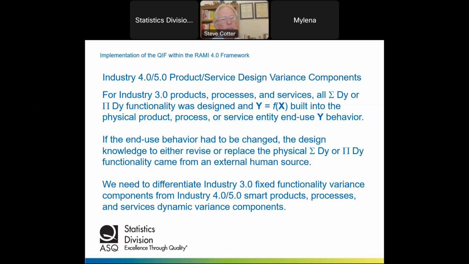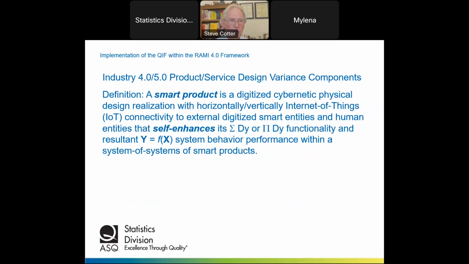So we need to differentiate Industry 3.0 fixed functionality variance components from Industry 4.0, 5.0 smart products, processes, and services dynamic variance components. So we need a definition of smart product, and again, these are my definitions.